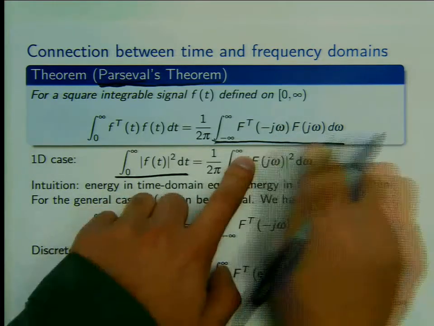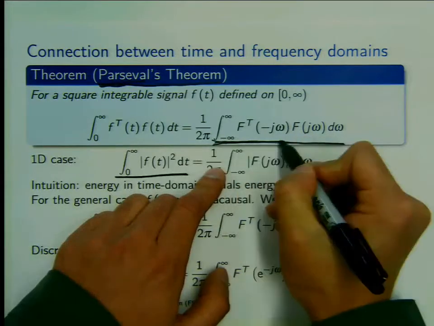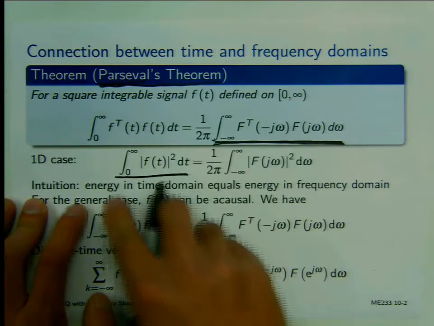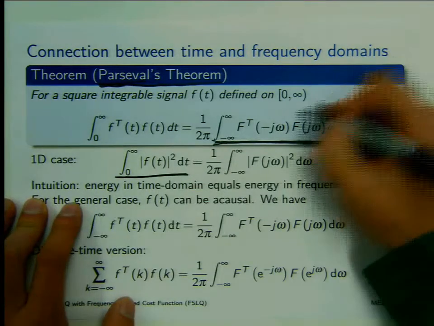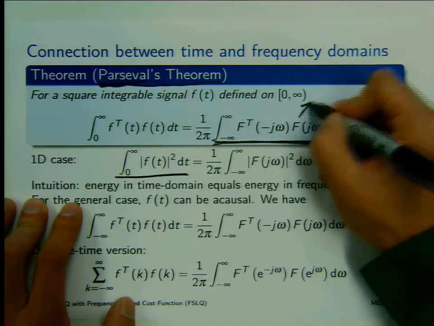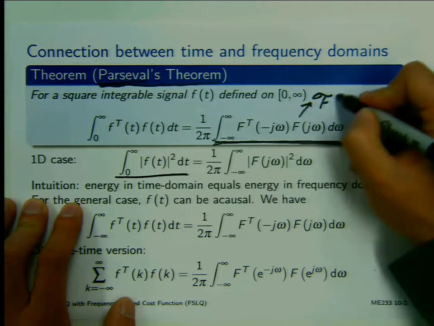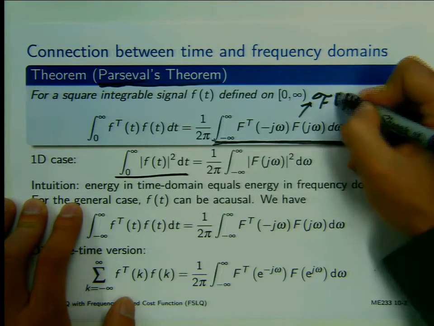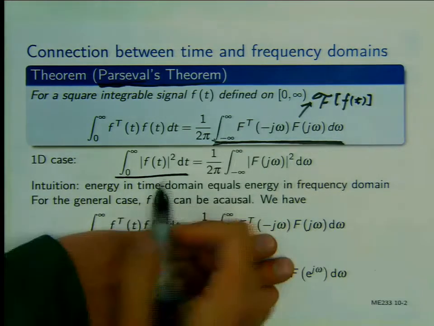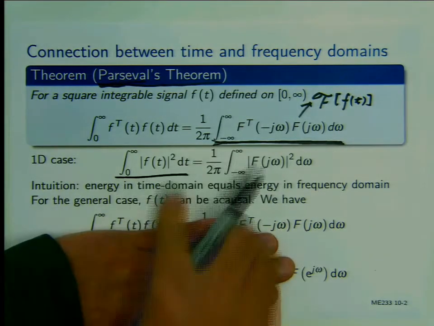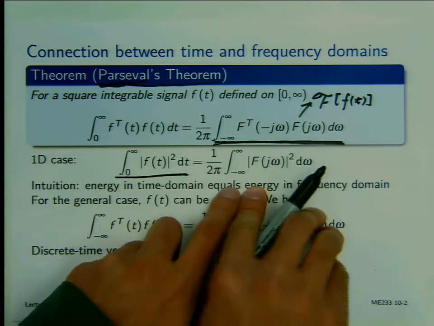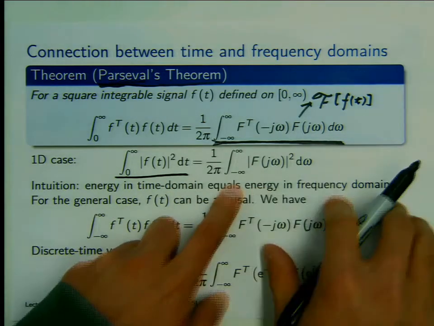This is again a quadratic function, and F is the Fourier transform of f(t). Intuitively, even for the one-dimensional case, this just means the energy in the time domain equals the energy in the frequency domain. Okay?